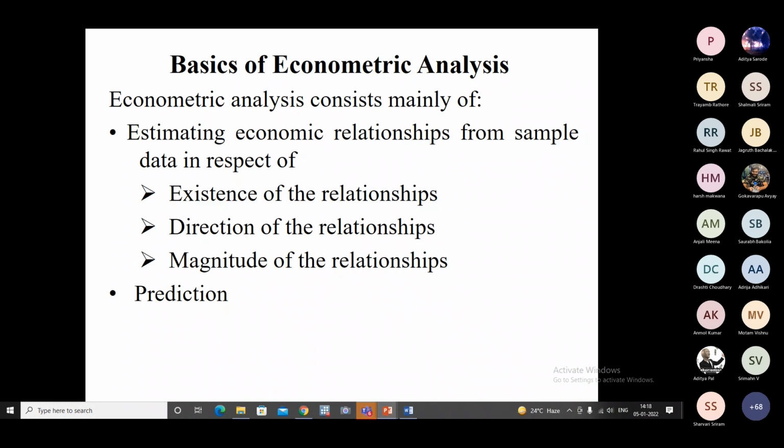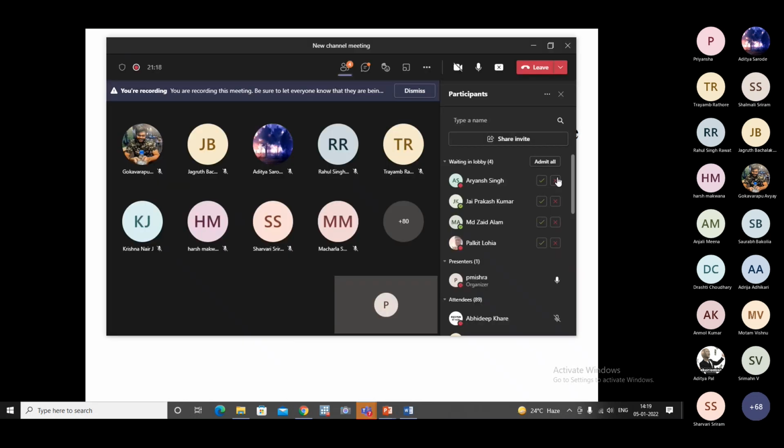So log of quantity demanded versus log of price. So what would the slope coefficient represent here? What will you get if you differentiate log of y with respect to log of x? Anyone?